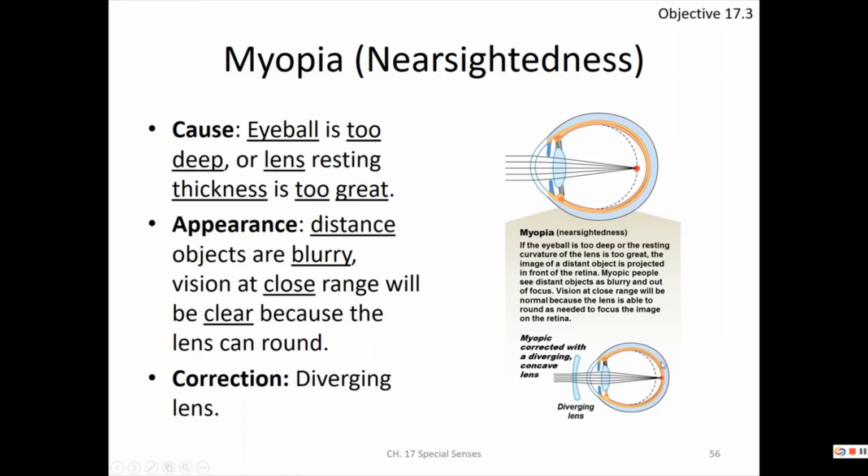It diverts the light, so that our too thick lens accommodates for it. Either way, you're going to increase the focal distance and make it visible.